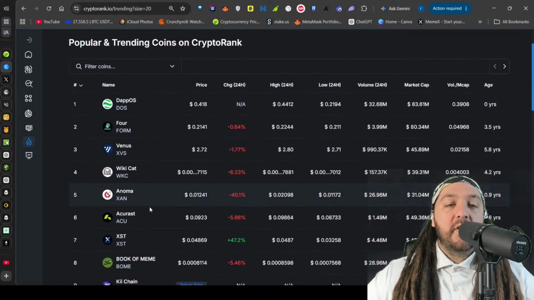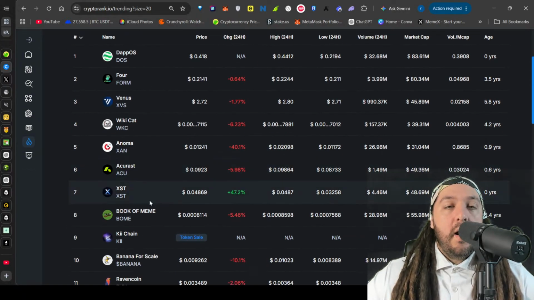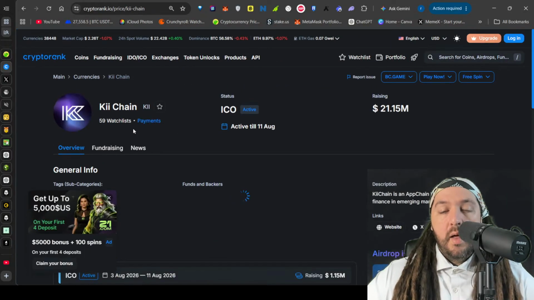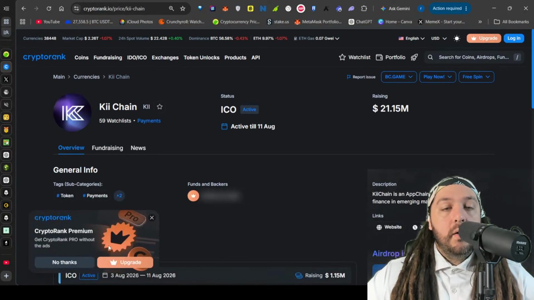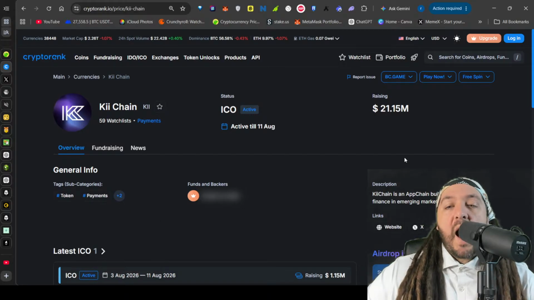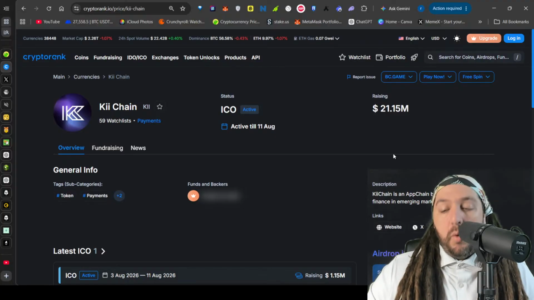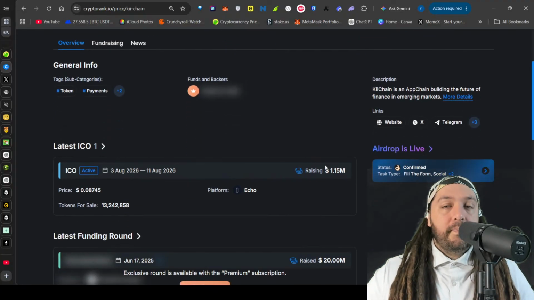Now, there's a couple I'd like to talk about here. We already talked about DApp operating system. ChainGPT, I'd like to talk about ChainGPT. Let's do that real quick. All right. ChainGPT is an app chain building the future of finance in emerging markets.